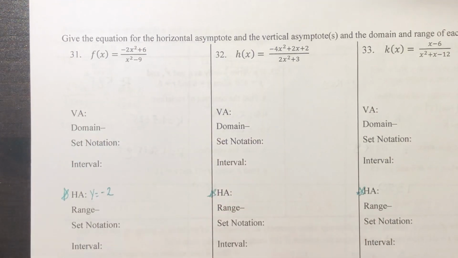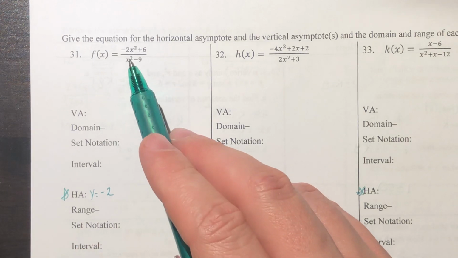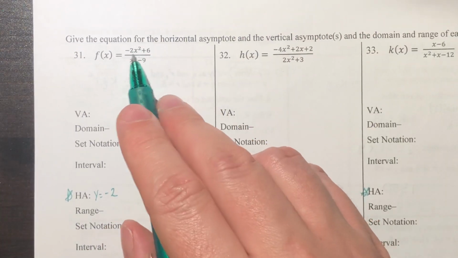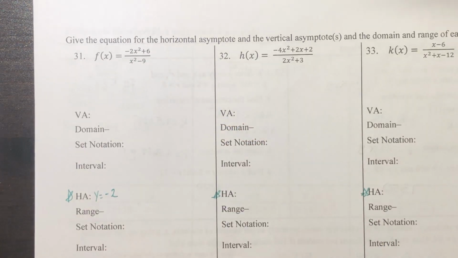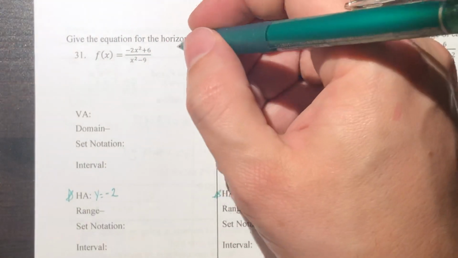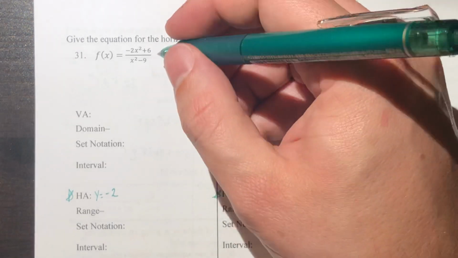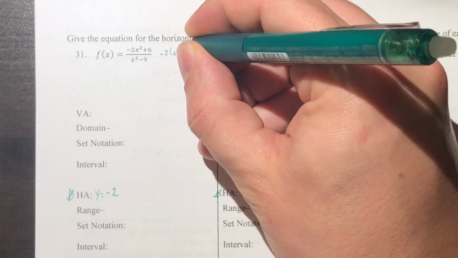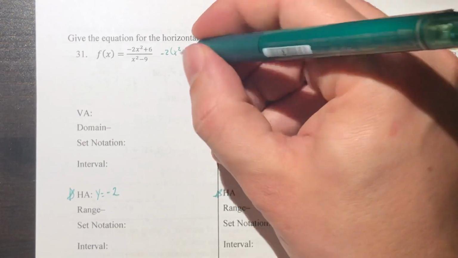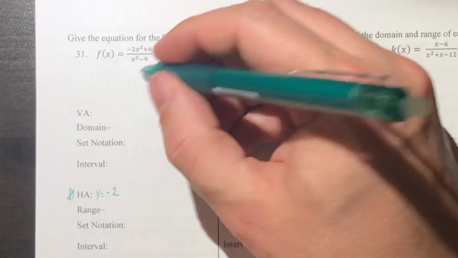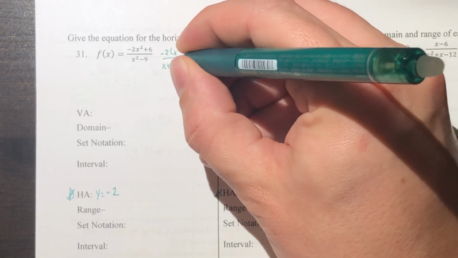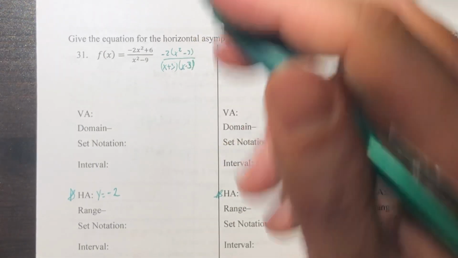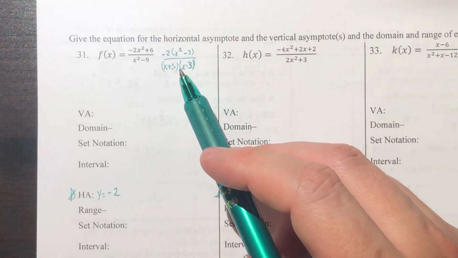Your vertical asymptote, you need to factor this. So I'm going to pull out a -2 from this. So I've got -2 times x squared minus 3 over, bottom here factors as x plus 3, x minus 3. Nothing cancels here.